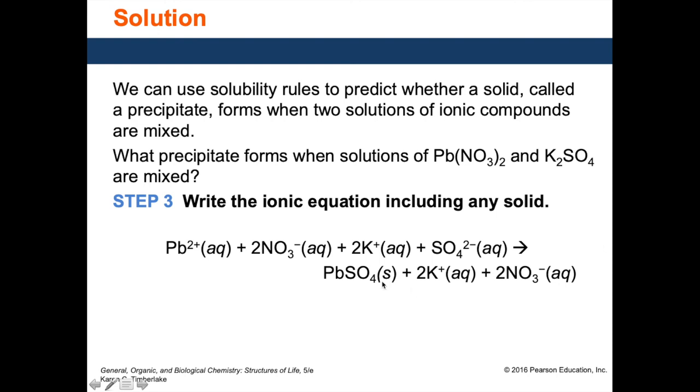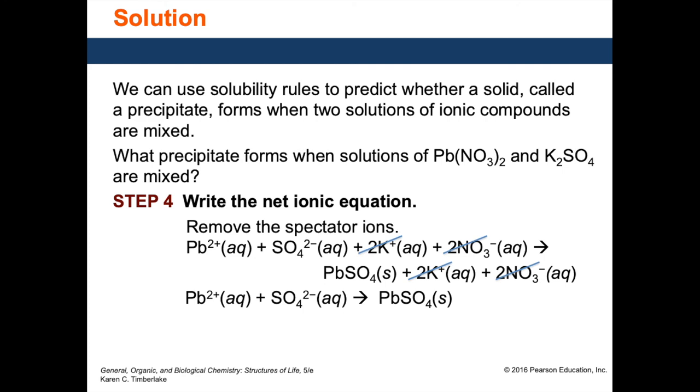Okay, now notice that we have some repeats on both sides of this equation. There are 2 things that are written exactly the same way on the left-hand side of the equation and the right-hand side of that arrow. And that is our potassium and nitrate ions. We call these spectator ions.